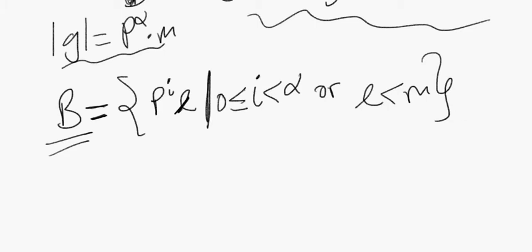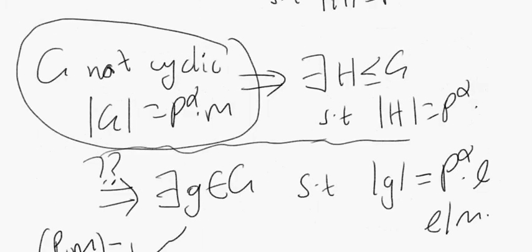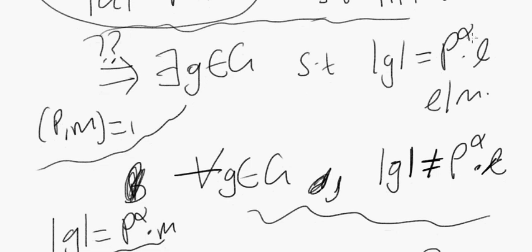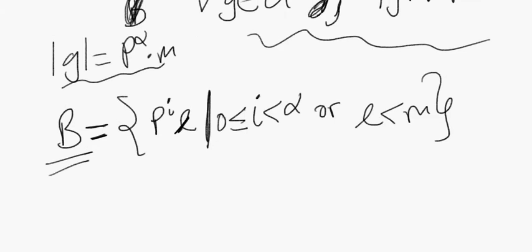And we seem to be saying that for the case when the order of G equals p to the alpha times any divisor L, we're done. So we may as well suppose that there's no element little g in G whose order is p to the alpha times m.